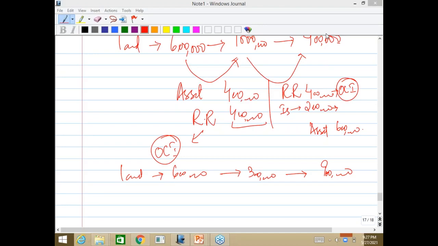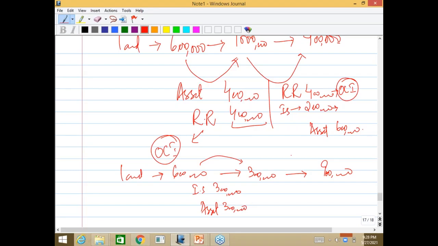So now in this case, in the first year, there is a revaluation loss of 3 lakh. As we don't have any revaluation surplus, we have booked the loss in the income statement.